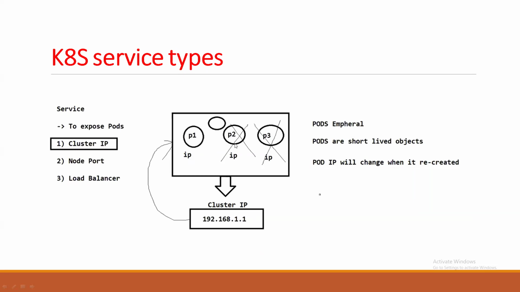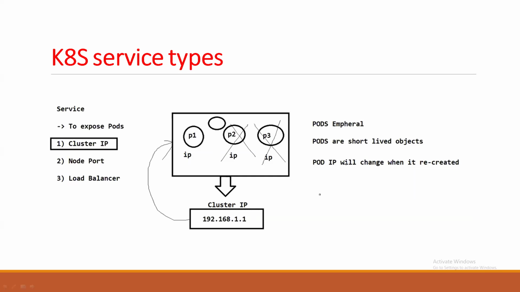So if you recreate the pod, it will definitely change the IP address. If you access through the IP address, this website is in the P2 container, but now P4 is created. So the IP address is changed. Is it accessible via the pod IP? The IP address is changing, right? So this is not a good way to expose the pods.